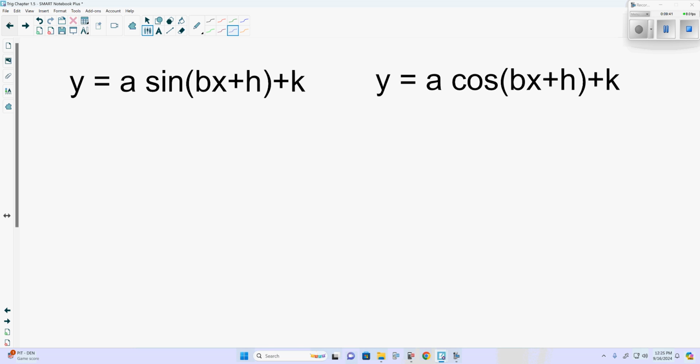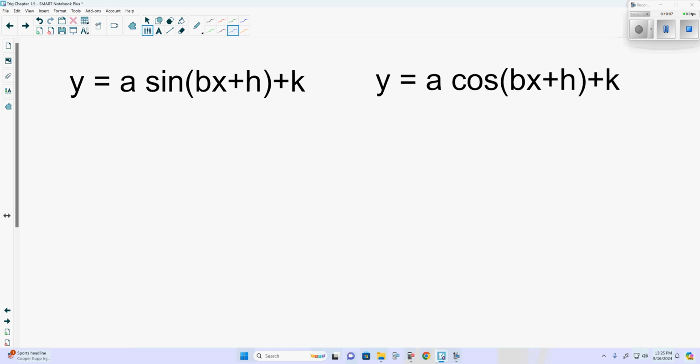Because if the amplitude is 1, the maximum and minimum are going to be 1 and negative 1. That's going to make it increase higher or lower. Our B is where we get the period, how long it takes for this function to complete one period. H is our phase shift, left or right. And K is how much it's going up or down.